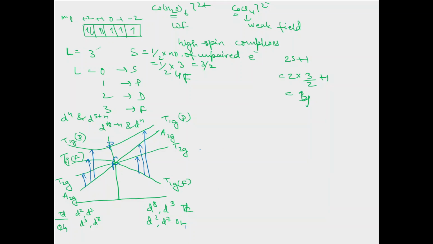So here we know that both the systems are d7, where [Co(H2O)6]2+ is an octahedral complex, whereas [CoCl4]2- is a tetrahedral complex.